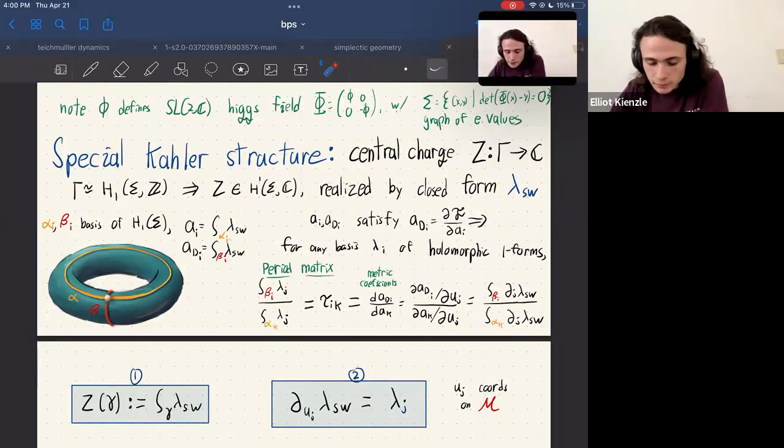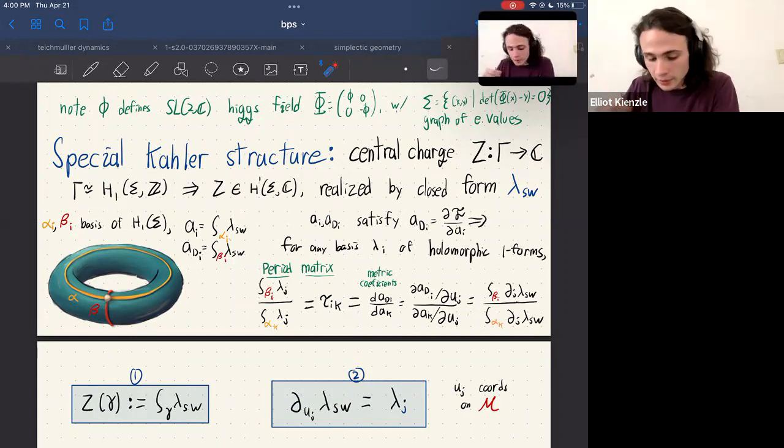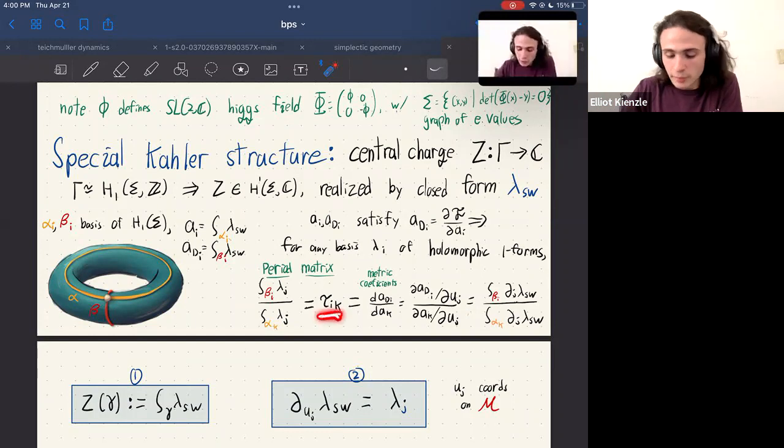Right, this sort of happened last time, but now I'm doing it in a more general case. So let's start with the period matrix, which is generally defined by normalizing these A cycles.